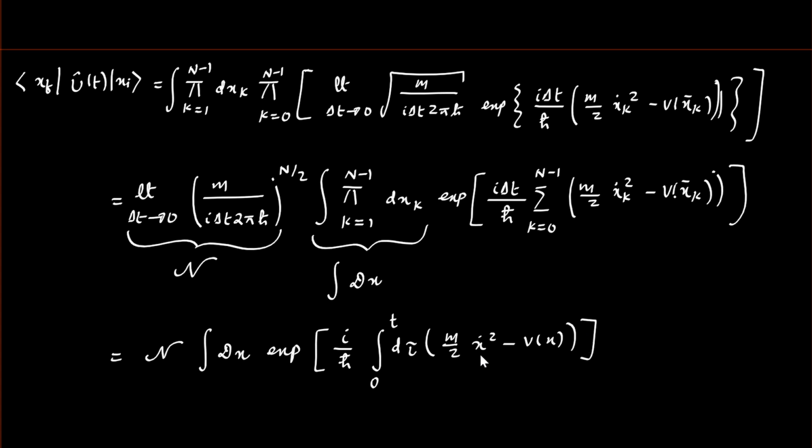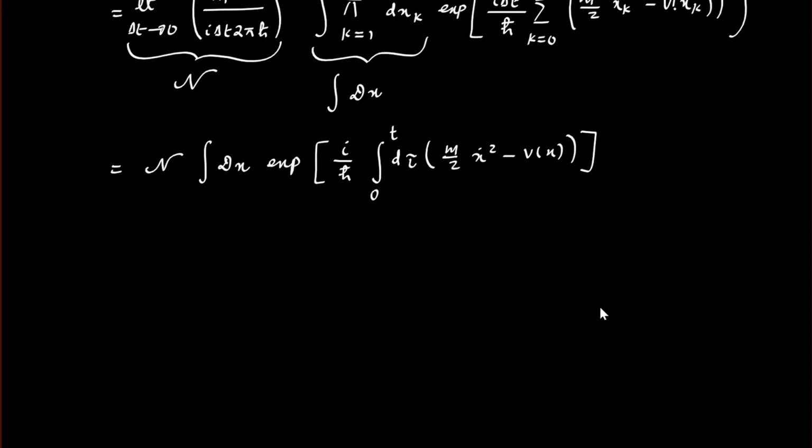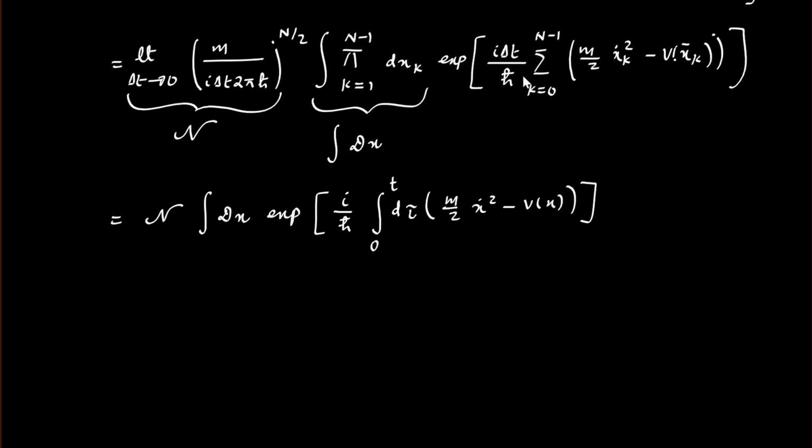Okay, so now let me first of all explain why I wrote this term like this. When this delta t tends to 0, then this summation becomes the integral.